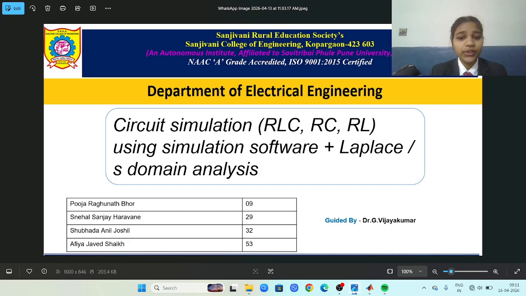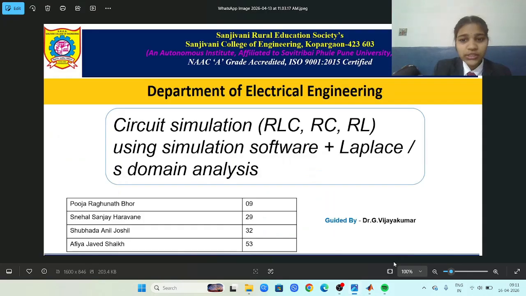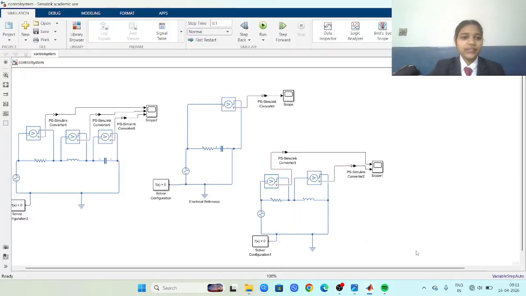We have used different types of converters in our simulation diagram. This is our simulation diagram, how our simulation looks. I think we have used six converters here.